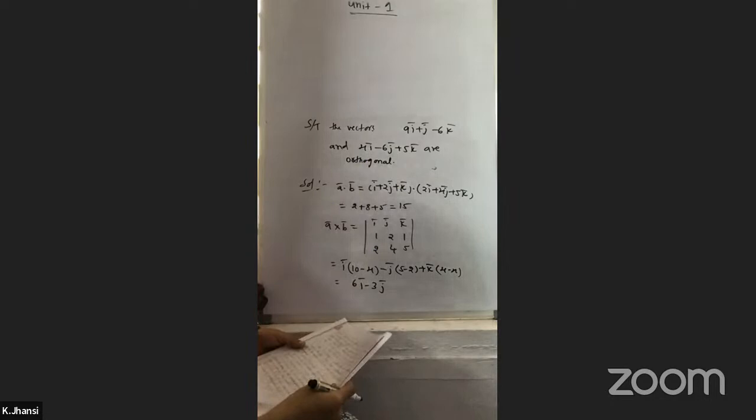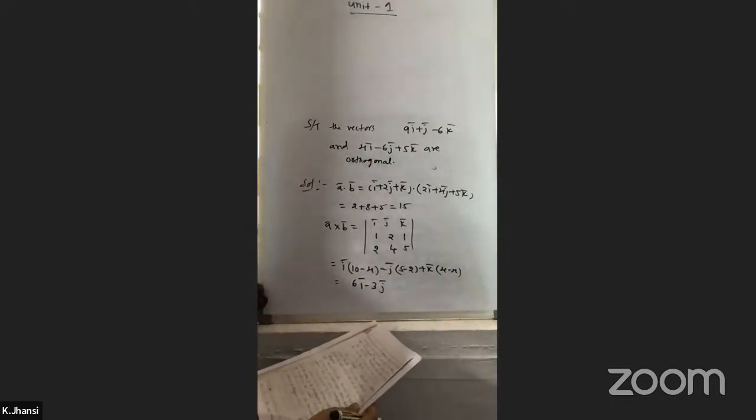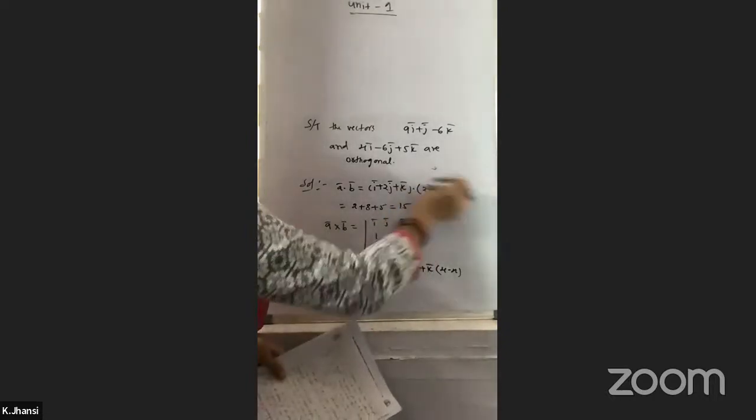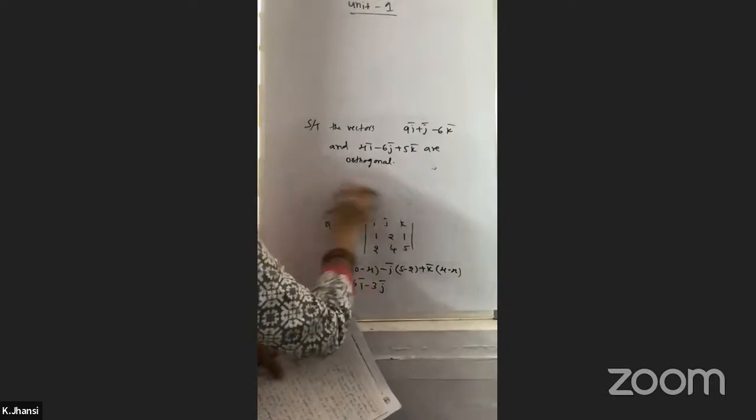Show that the two vectors are orthogonal. So first thing you have to remember is the condition of orthogonality. If you know that, then you can find the answer.